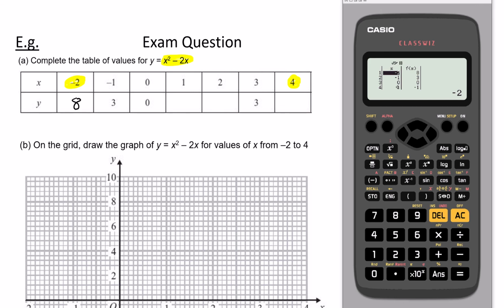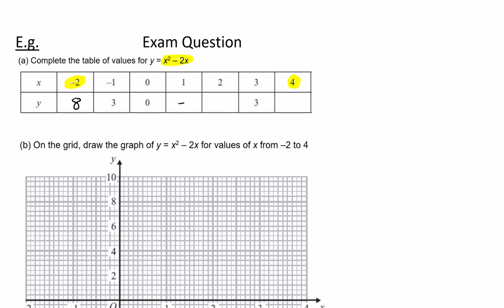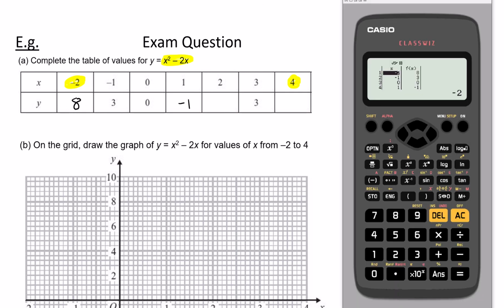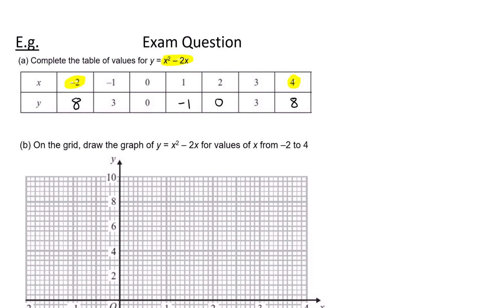So -1 gives us 3, 0 gives us 0, and then 1 gives us -1. You use your arrows to go down. So 2 gives us 0, 4 gives us 8, and 3 did give us 3. Wonderful. That's usually a 2-mark question.